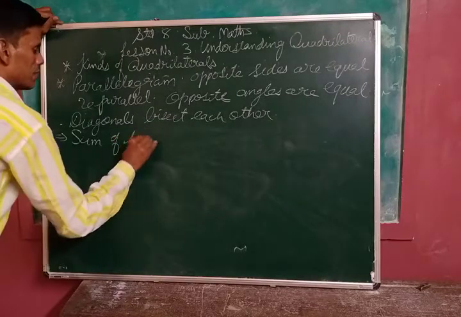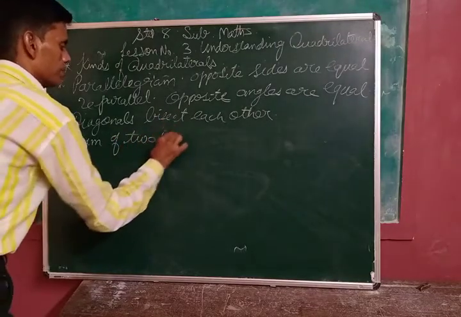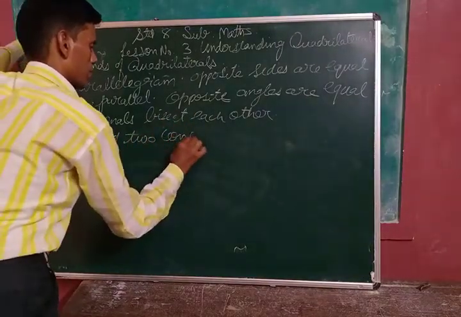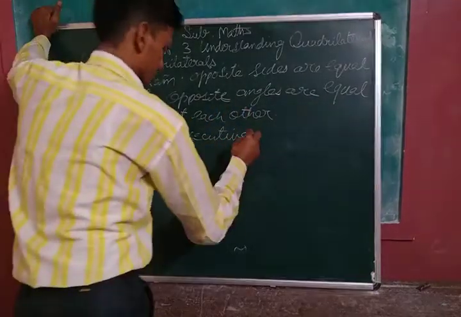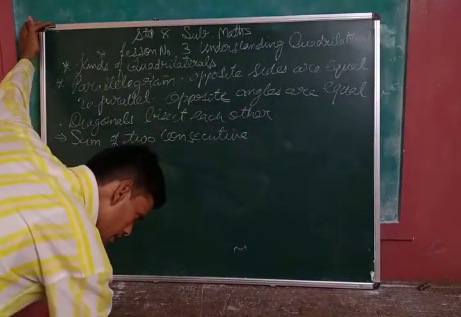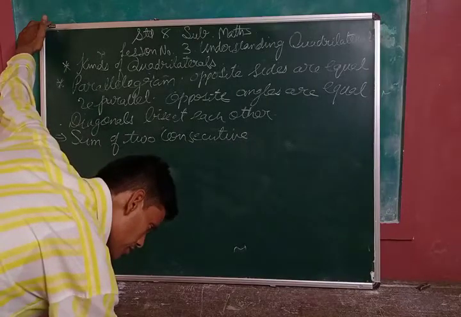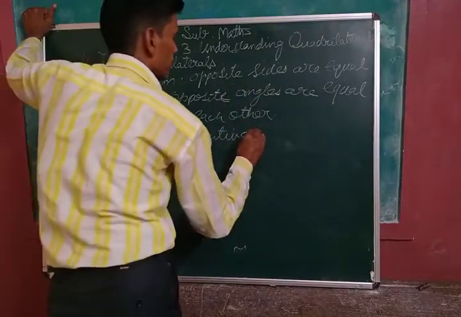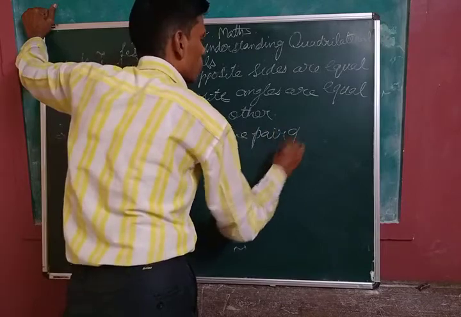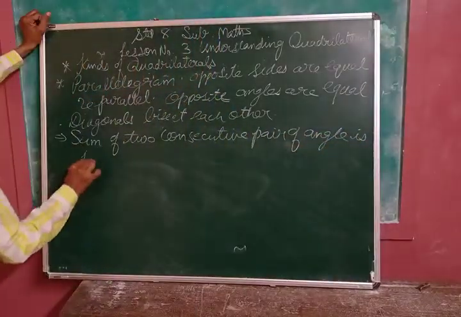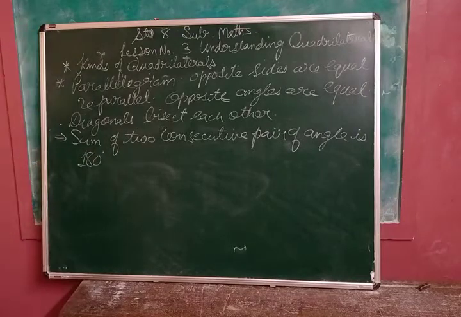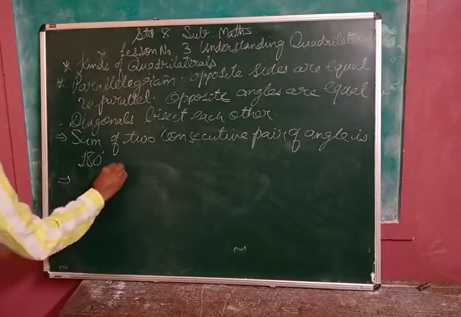Sum of two consecutive angles is 180. Okay, here is an example I am saying.